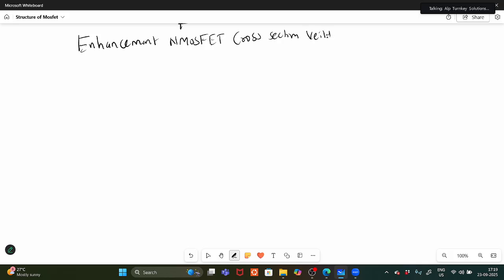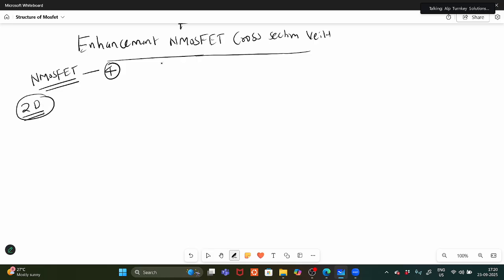How will the enhancement cross-section look? NMOSFET is a 4 terminal device. I will draw the 2D diagram, since a 3D diagram will be a bit difficult. I'll share this image, you can go through that.